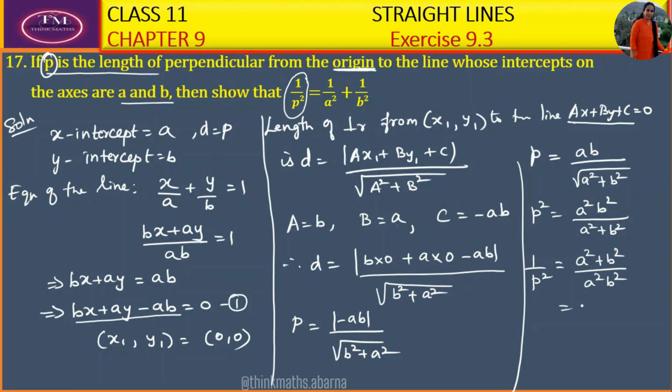Now if we divide each term by a square b square, a square gets cancelled giving 1 by b square, and b square gets cancelled giving 1 by a square. So 1 by p square equals 1 by a square plus 1 by b square. This is what we have to prove, and we have proved it.